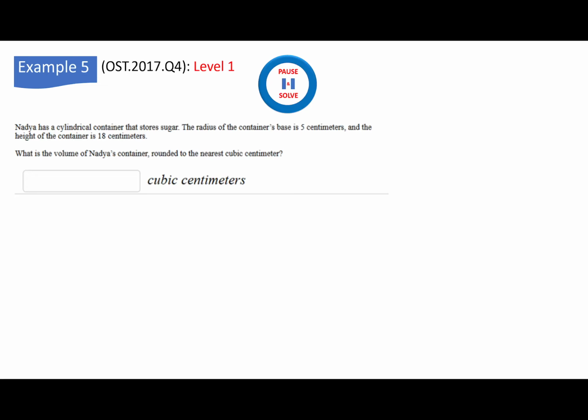Example 5. Nadia has a cylindrical container that stores sugar. The radius of the container's base is 5 centimeters. Radius is important, and 5 centimeters. And the height of the container is 18. So that's a straightforward application of the formula, right?